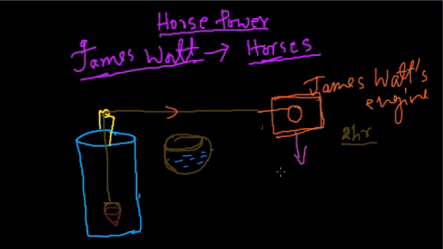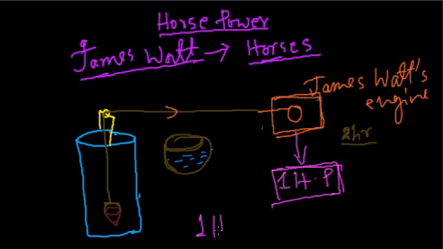Then we may very easily say that its power is 1 horsepower. It is very simple, but now we cannot do this experiment with every single engine, isn't it? So what we have to do is quantify how much 1 horsepower actually is. So let us now quantify it.